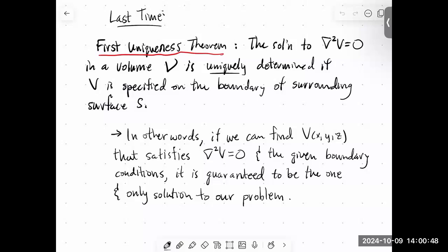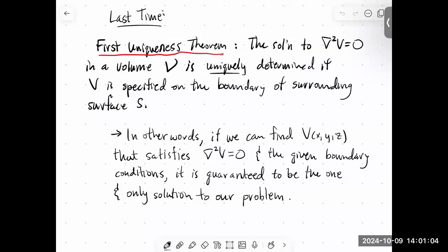So if you can find that V, no matter how you do it, you're guaranteed that it is the correct solution and the only solution. So we're going to really try to take advantage of that fact.